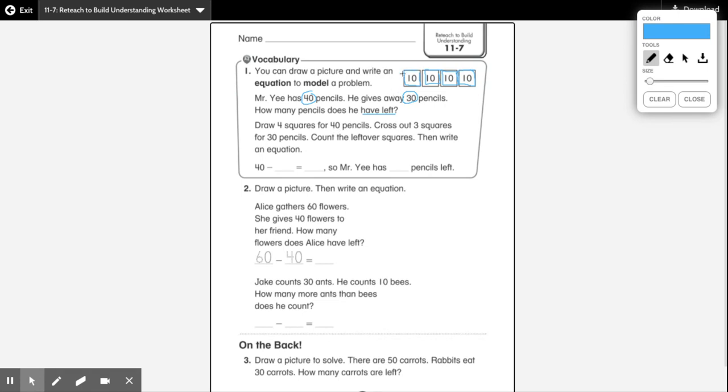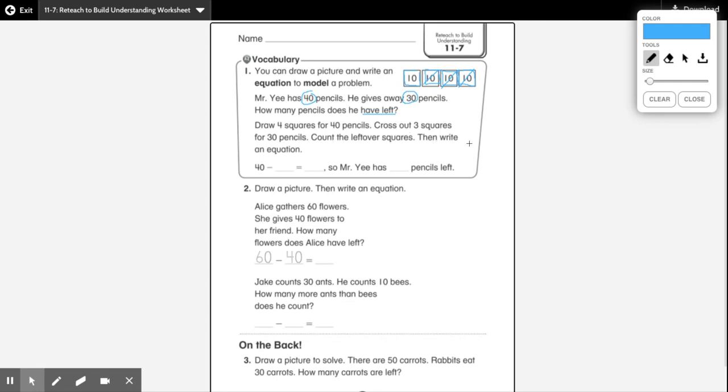We drew 4 squares, and each square is worth 10 pencils. Much easier, right? Cross out 3 squares for 30 pencils. So we are giving away 30 pencils. Let's cross off 3 squares because each square is worth 10, remember? Okay, 10, 20, 30. I just got rid of 30 pencils, 3 tens.